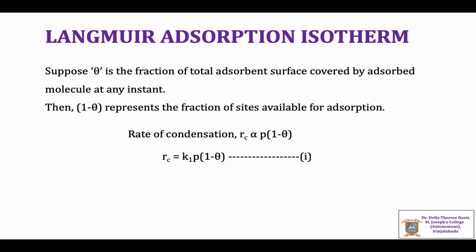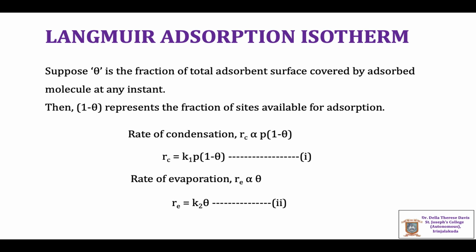The rate of condensation, which is denoted as Rc, is proportional to P into 1 minus theta. So removing the proportionality constant, the rate of condensation is equal to K1 into P into 1 minus theta, where K1 is a proportionality constant.